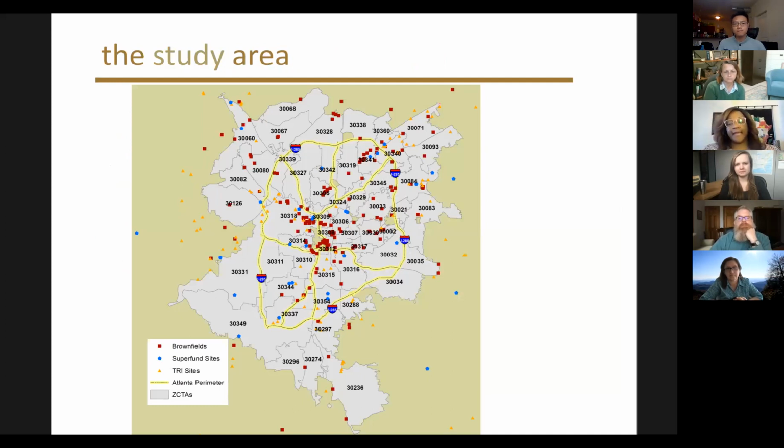Within the Atlanta perimeter, many ZCTAs are smaller in area than a census tract, which provides better granularity for observations in this study. Zip codes are also highly recognizable and have proven to be more accessible for the creation of maps that are provided to community members, politicians, and decision makers.